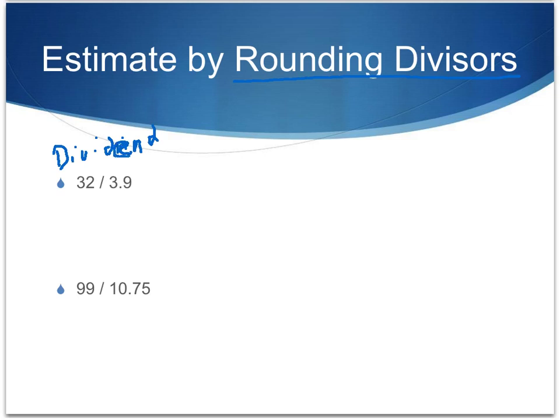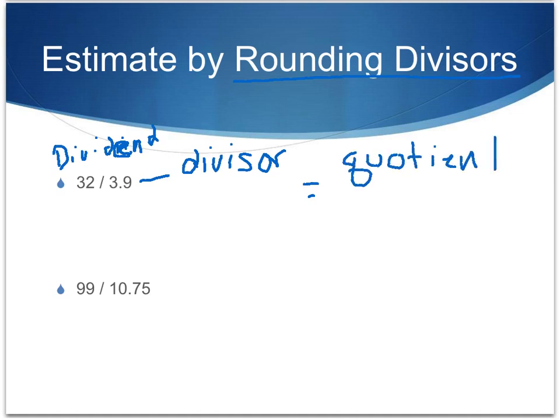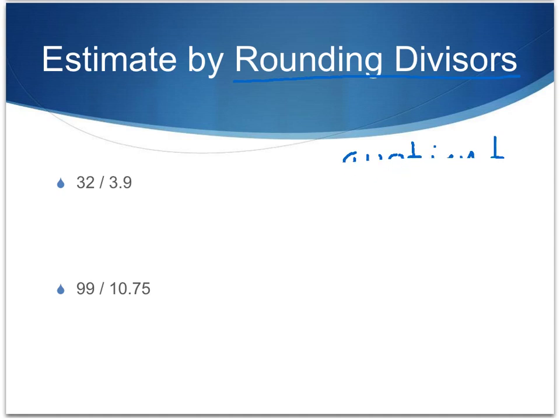The second number is called the divisor, and the divisor is always the number you are dividing by. And then the answer is called the quotient. Okay, so press pause right now and write down and identify what numbers are the dividend, the divisor, and the quotient.